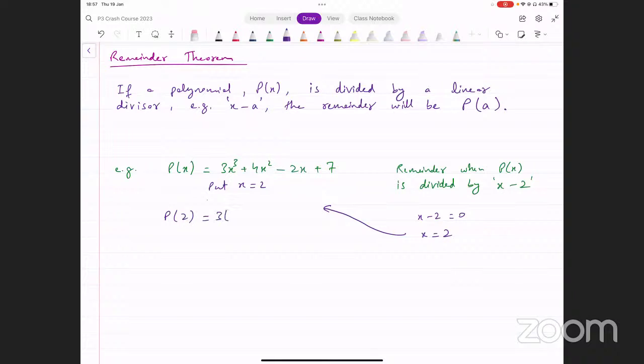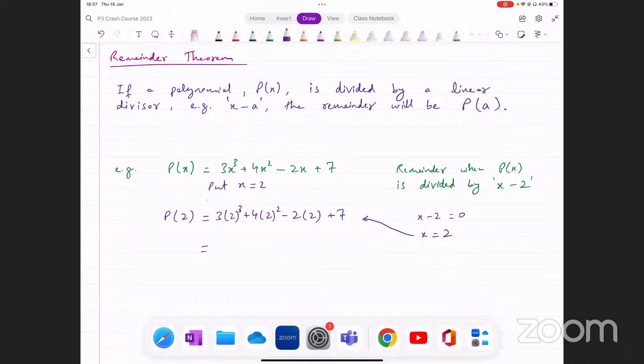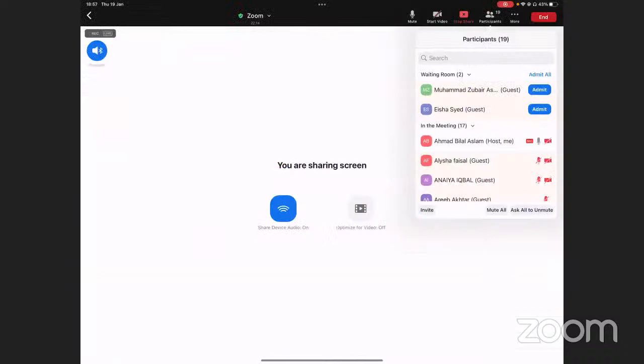And you evaluate this, you get 3 into 2 cubed plus 4 into 2 squared minus 2 into 2 plus 7. Now you can evaluate this and see what you get. The number that you get from this is going to be the remainder. All right, can somebody evaluate this and let me know what this number turns out to be? Anyone evaluate this?